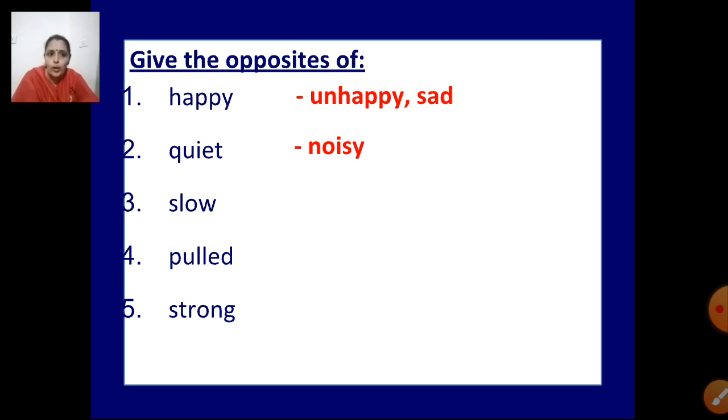Quiet, noisy. Third one, slow. The opposite of slow is fast. F-A-S-T, fast. Fourth one, pulled. The opposite of pulled is pushed. P-U-S-H-E-D, pushed.